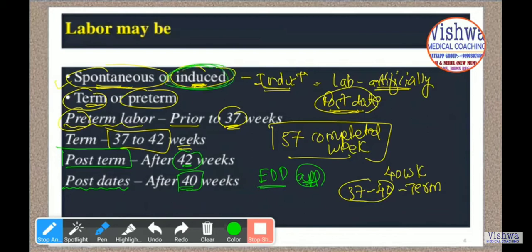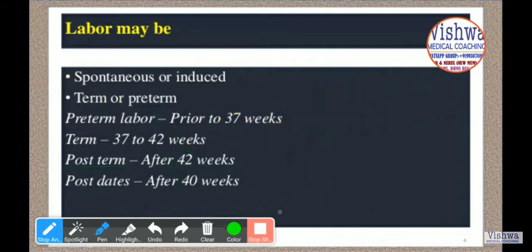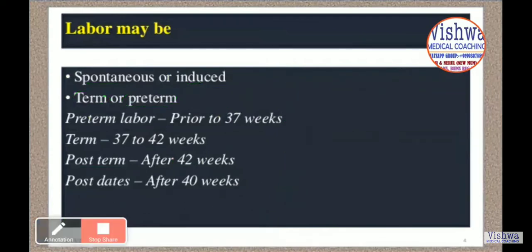That means the expected date of delivery is over and we can go into induction of labor. So the labor can be spontaneous or induced, term, preterm, or post-term, or post-dated. This is the calculation.